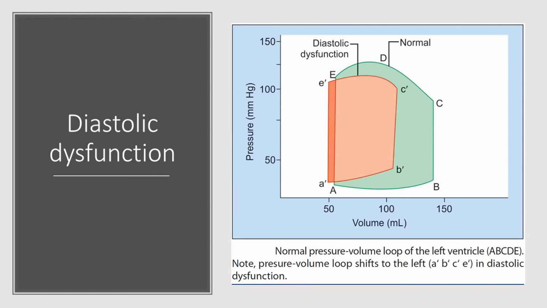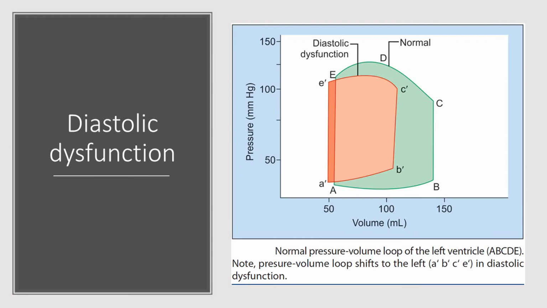So when aortic stenosis occurs, the myocardium must increase the pressure generated inside it to overcome the resistance offered by stenosis of the aortic valve. It leads to hypertrophy of the myocardium and incomplete relaxation of the ventricles. So the end diastolic volume decreases. So in aortic stenosis, the flow volume loop shifts to the left side.